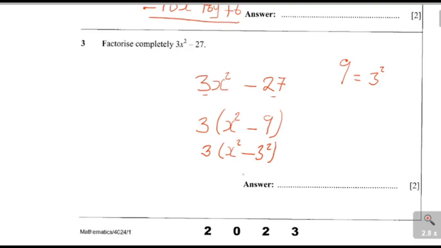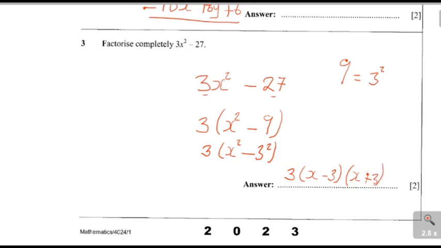The reason I've done this is we want to make sure that the bases have a power of 2, because x had the power of 2, so that we apply the principle of the difference of two squares. Once you have this, your final answer is 3, open bracket, x minus 3, close bracket, again open the bracket, x plus 3.